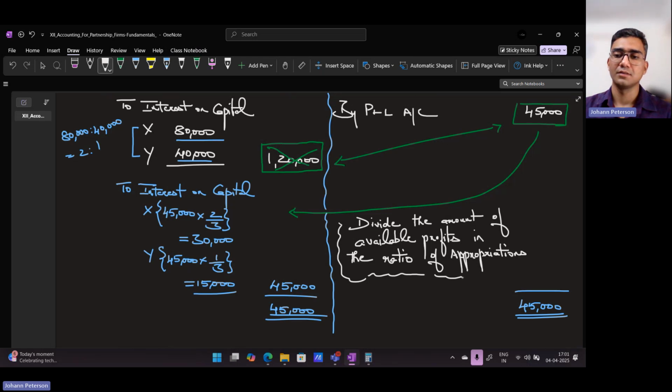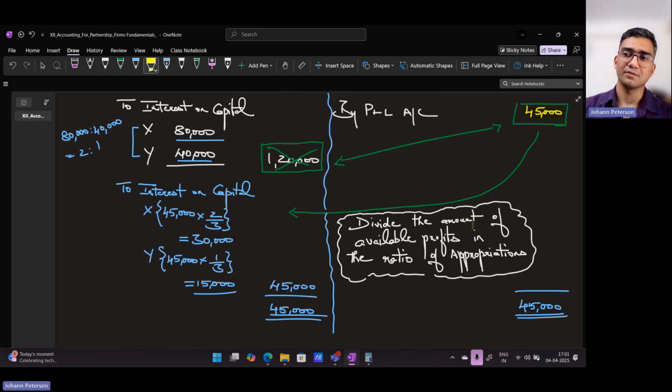What I've written here is that when we do not have enough profits on the credit side, like in this case, we did not have enough profits. How much did we have? We had only 45,000. And what did we say? We only have this much to distribute. When we calculated it, we saw we have to give 1,20,000. But since we do not have 1,20,000 with us, we will just use the amount of available profits.